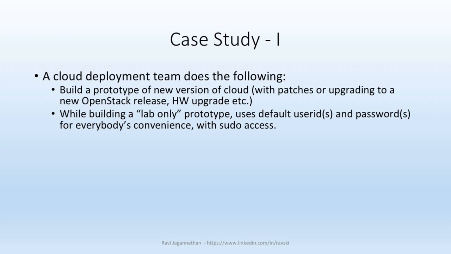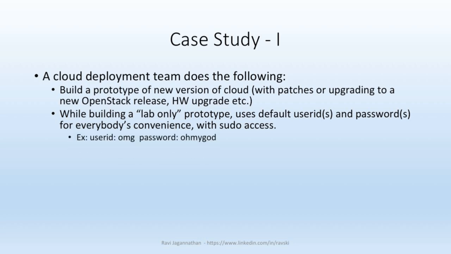It's a lab-only prototype, obviously. So for everybody's convenience, they build a user with sudo access, so people can do a lot of the testing without worrying about it. And they divide who needs to test what, so nobody's stepping on each other, and it works.